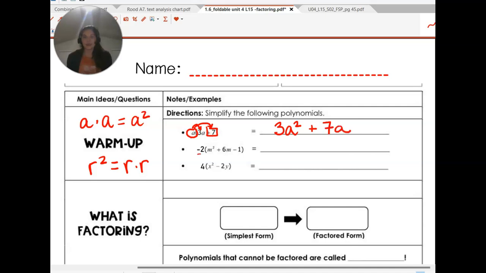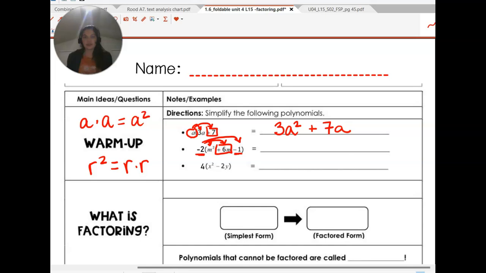On the second warm-up, we have negative 2, and that's going to be distributed to each term. So here we have positive 6m, and then here we have negative 1. So negative 2 times m squared, and the m squared has an invisible 1 in front.